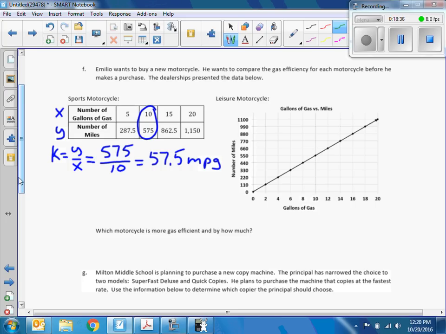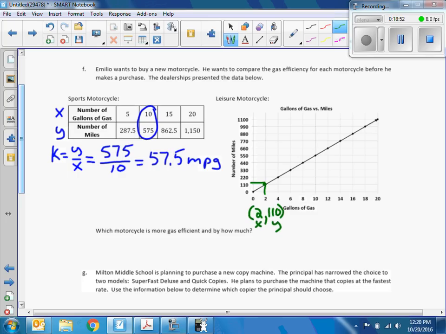Now in the graph, what we need to do is just choose a value on the graph, such as this point right here, and the X is 2, and the Y is 110.